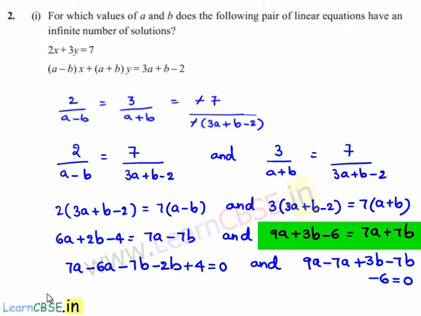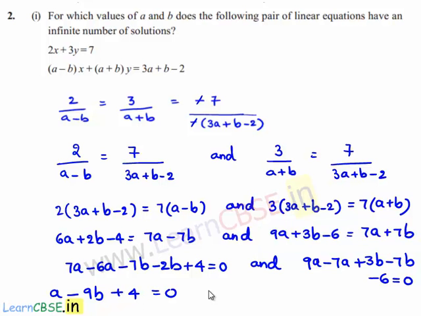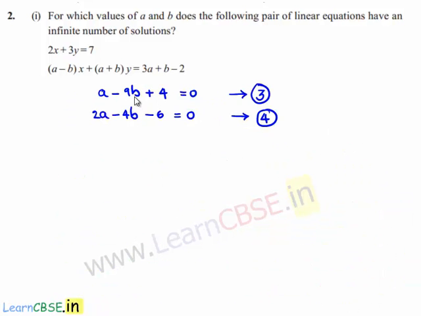So this equation becomes a minus 9b plus 4 is equal to 0, and 2a minus 4b minus 6 is equal to 0. Now we got two equations. a minus 9b plus 4 is equal to 0. Let this be equation number 3. And 2a minus 4b minus 6 is 0. This is equation number 4.